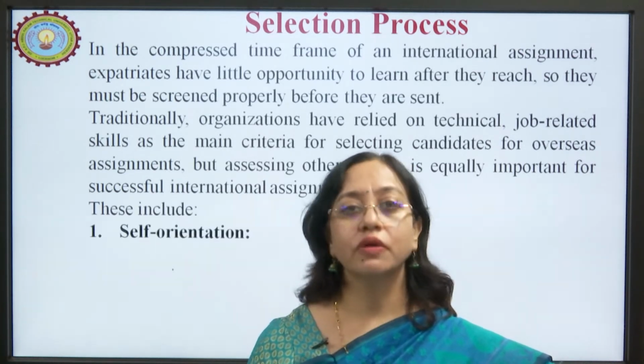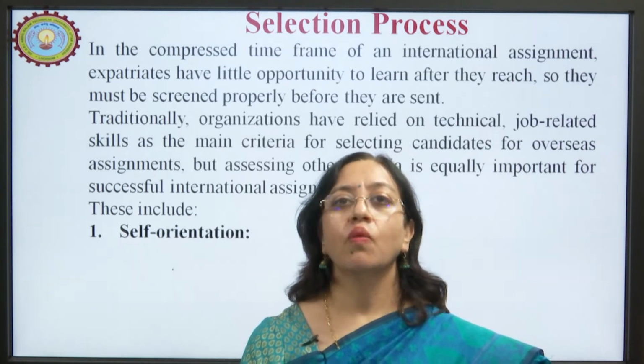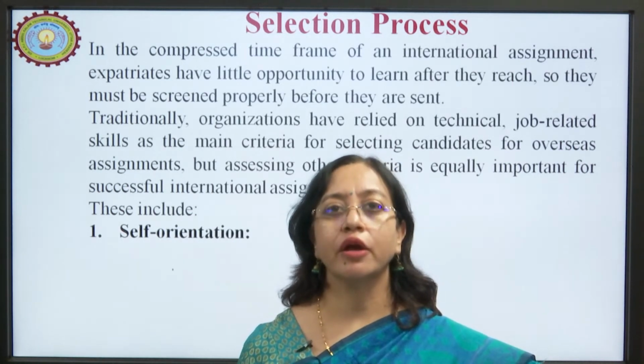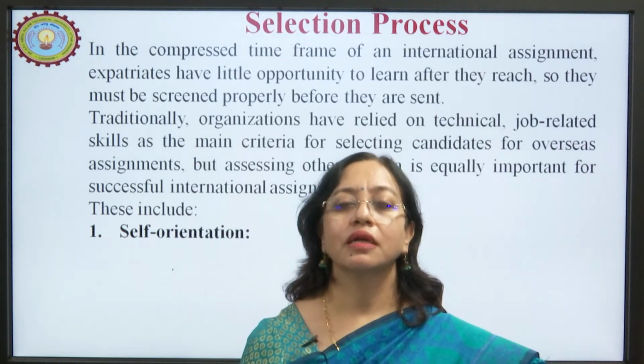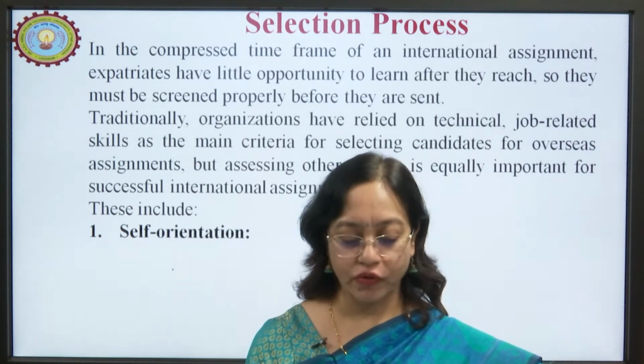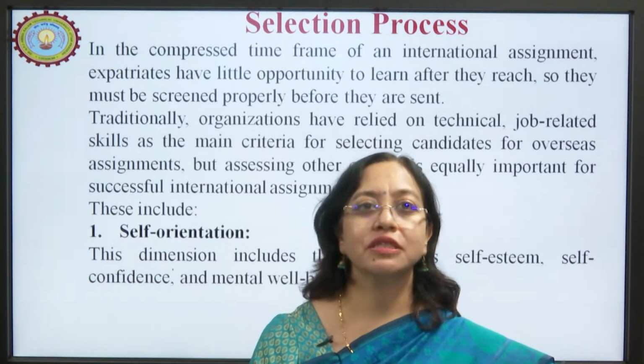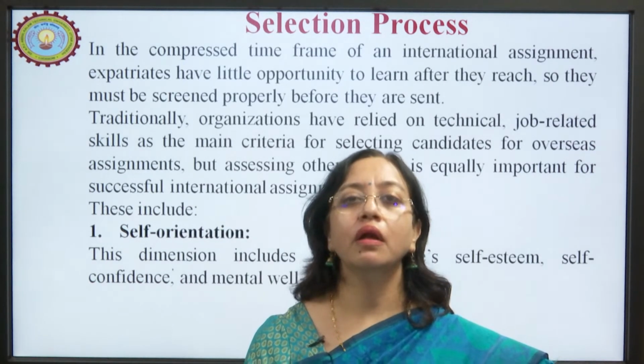So, these include, first, self orientation. One has to measure and assess the self orientation dimension of the person. This dimension includes expatriates' self esteem, self confidence and mental well being.